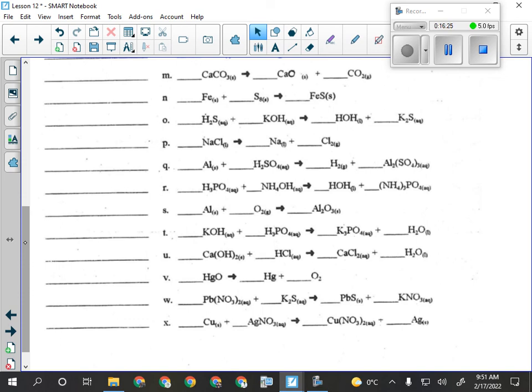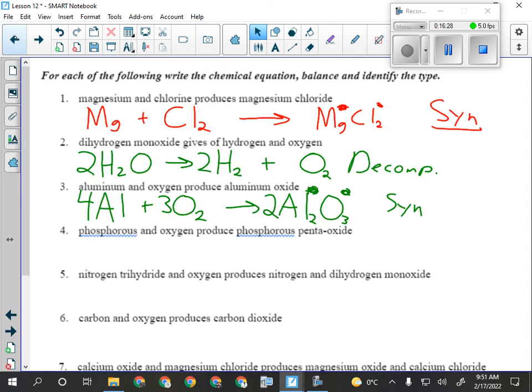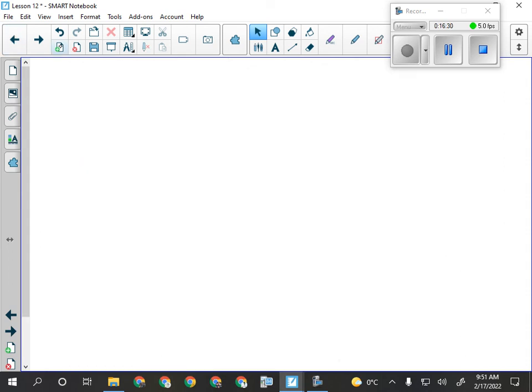In fact, maybe before we do these ones, we should just have a quick look at a couple of combustion reactions here. So I'm going to write one in words and have you write it in formula form, then I'll write one in formula form, and have you do it in words.